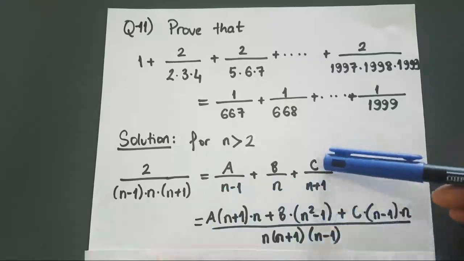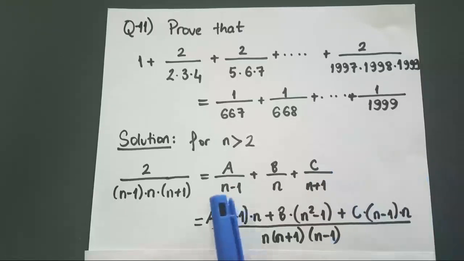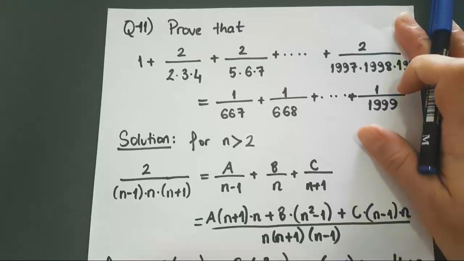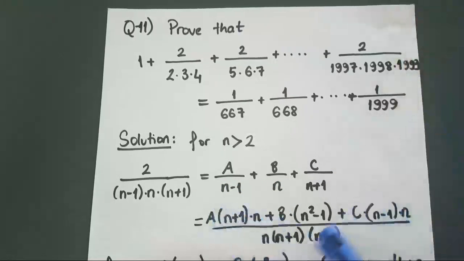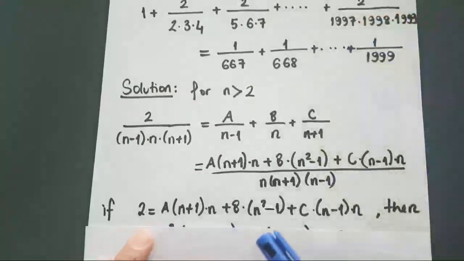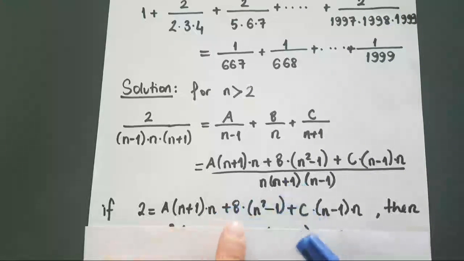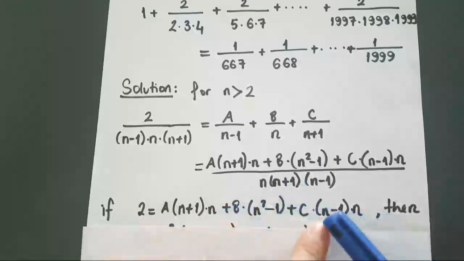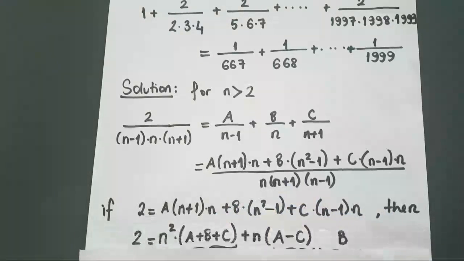And the third one is going to be c times (n − 1) times n, which is n² − n, all over n(n + 1)(n − 1). You see, the numerator is equal to 2 on the left side. So 2 is equal to a times n(n + 1), plus b times (n² − 1), plus c times (n − 1)n. Let me simplify it a little bit.